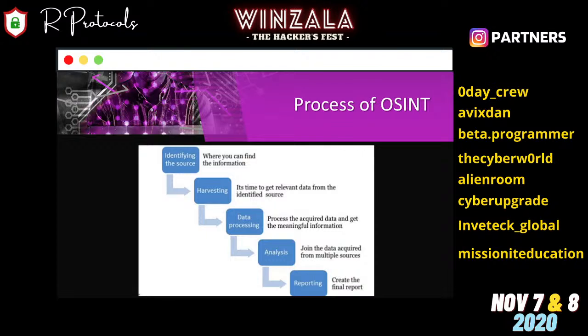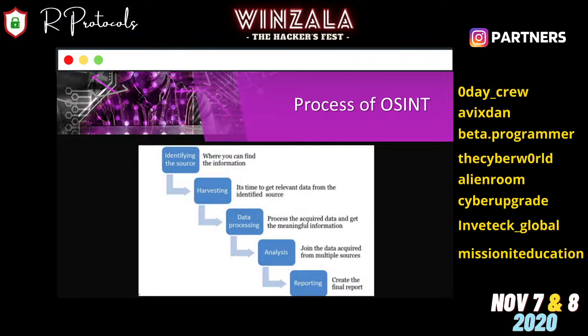The process of open source intelligence is that at first we identify the sources, like those mentioned above, where you can find information about a target like a person or an organization. Then harvesting from them, like extracting the relevant data from the target. Next is data processing, which is processing the data and getting meaningful, essential information.